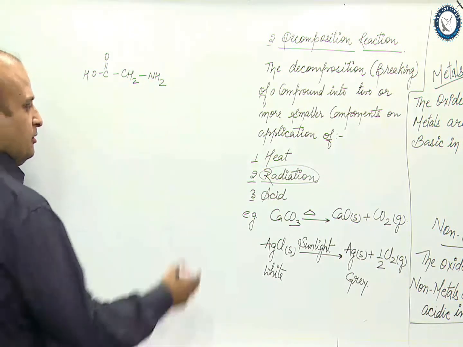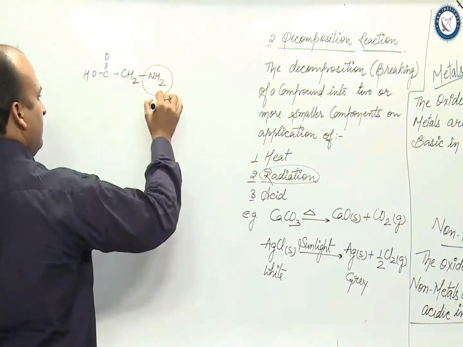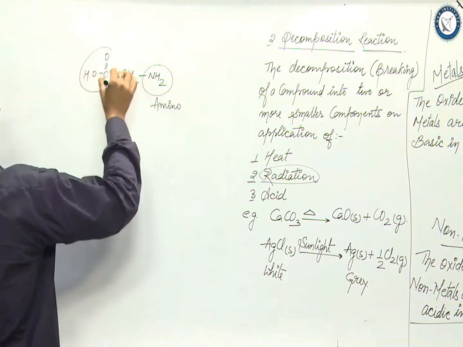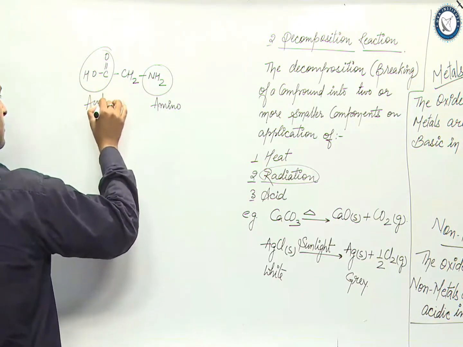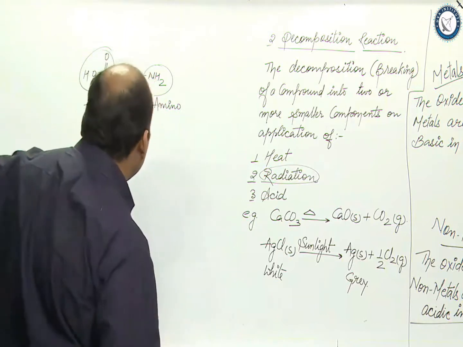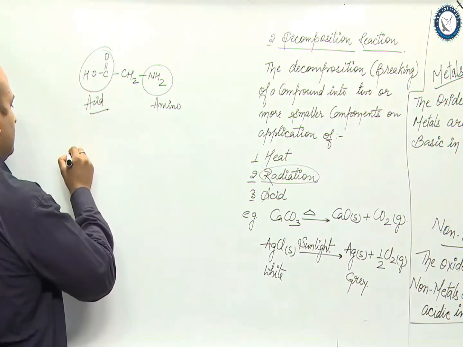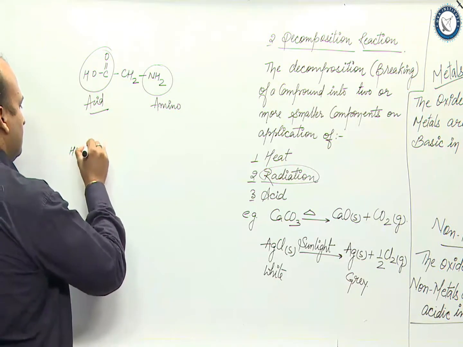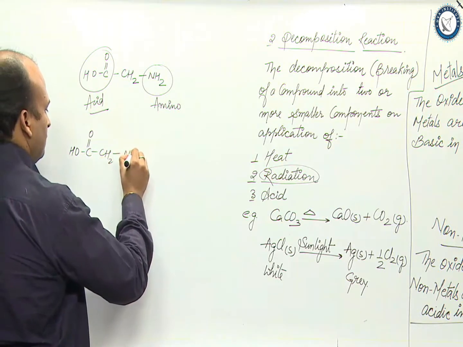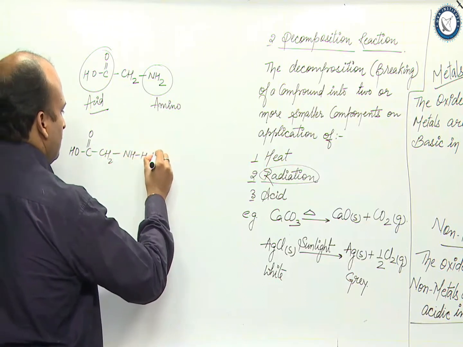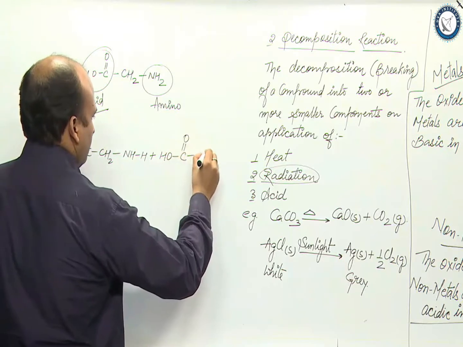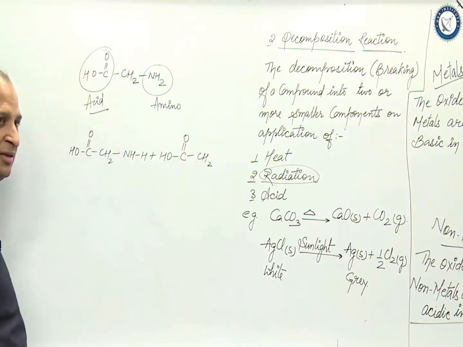देखो बेटा, this part is termed as amino, this part is termed as acid. That is why they are termed as amino acids. अब क्या होता है देखो, like this.